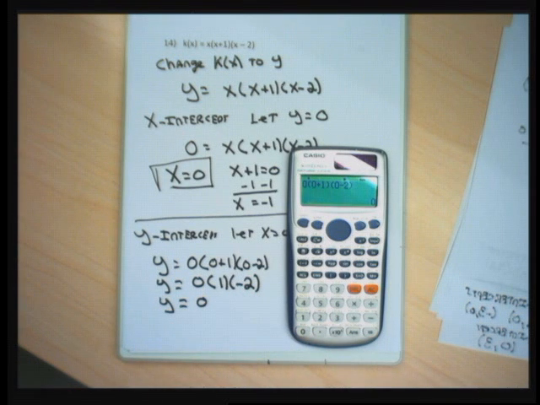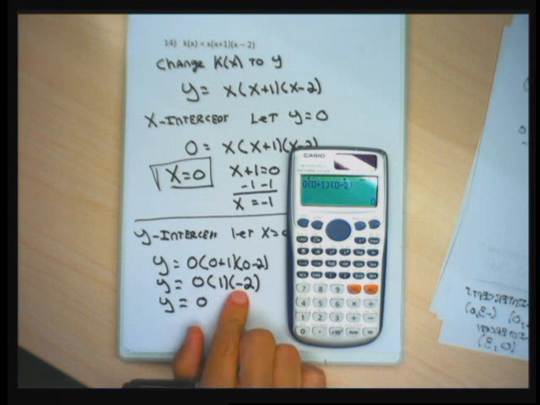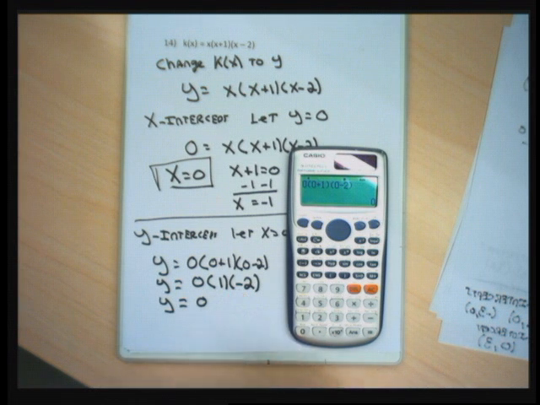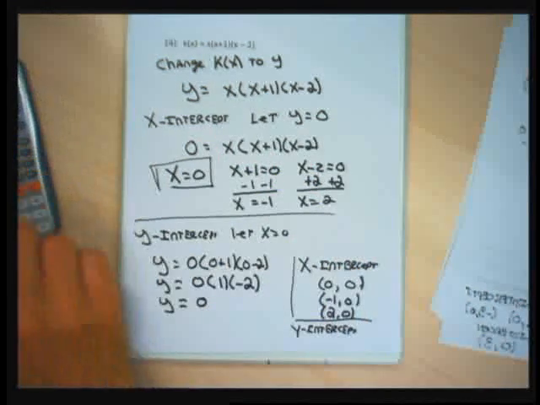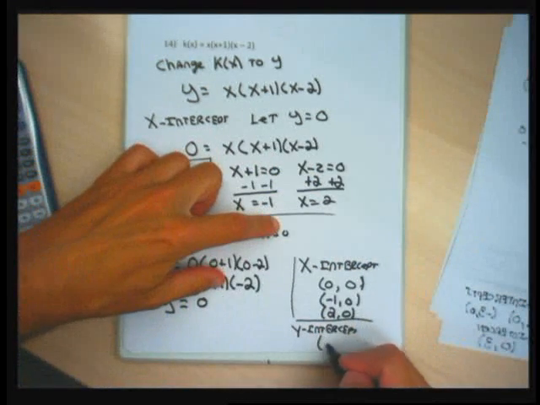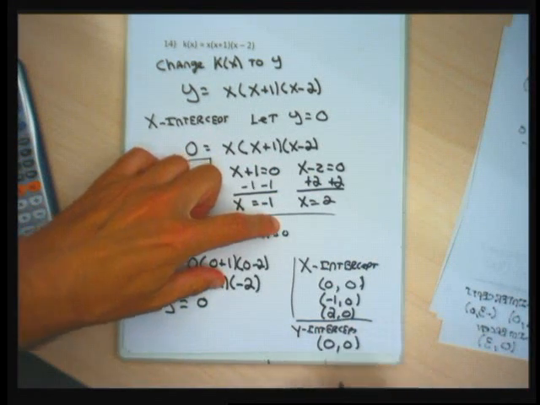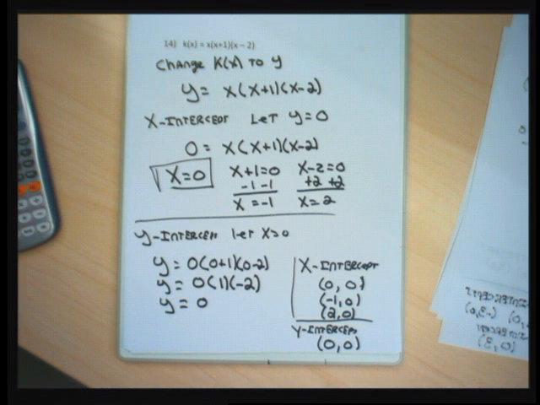It's super common for students to forget about the 0 and just multiply the non-zero numbers and write what they multiply out to, and -2 would be very wrong, and you lose a point for your y-intercept. So the y-intercept, the x value is 0 and the y value is 0. And if you wrote -2 anywhere, it's wrong.